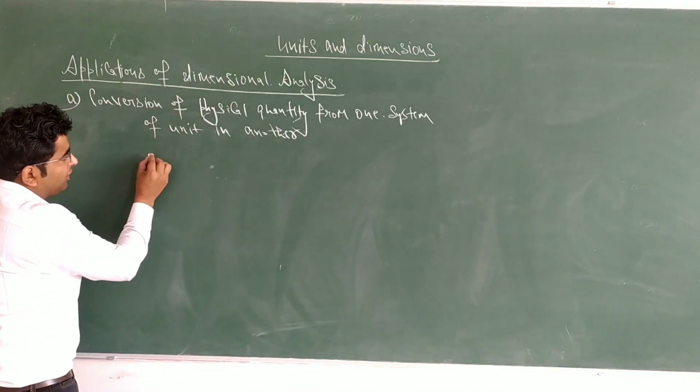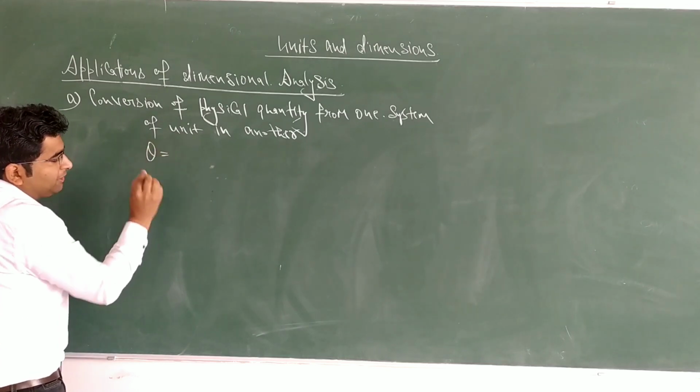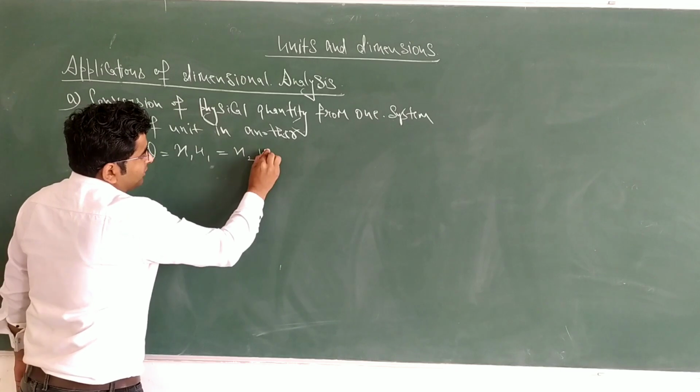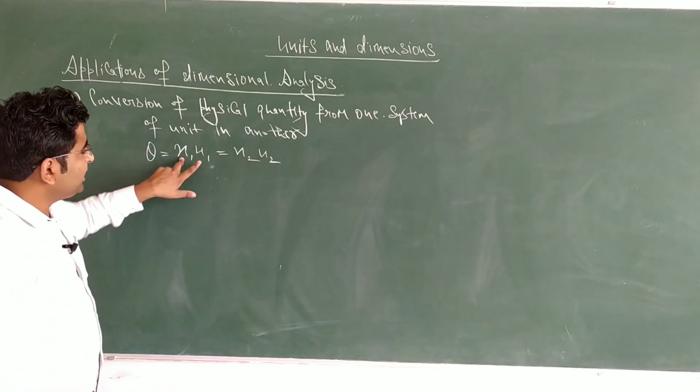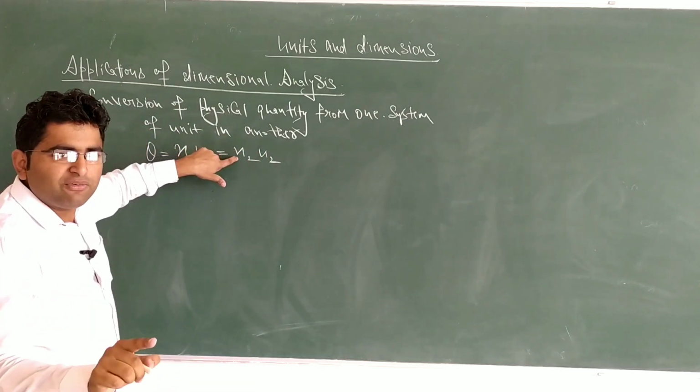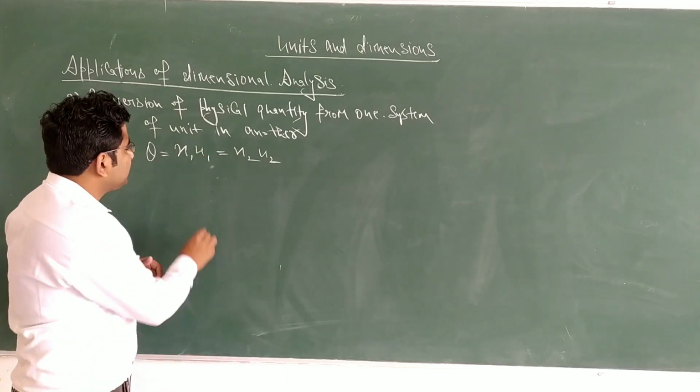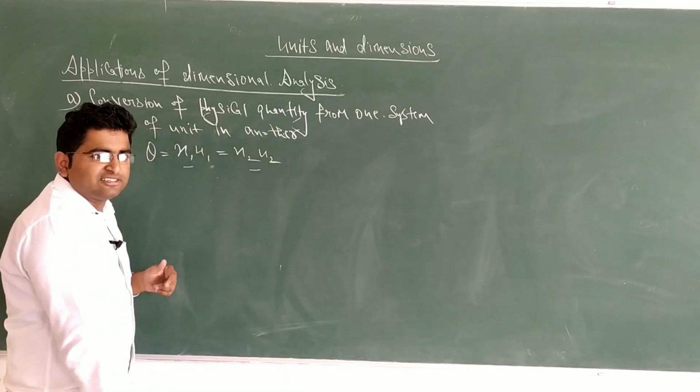You know that a physical quantity can be written as N1 U1 equal to N2 U2, where N1 and N2 are the numerical values in different systems of units. For example, this is MKS, this is CGS.